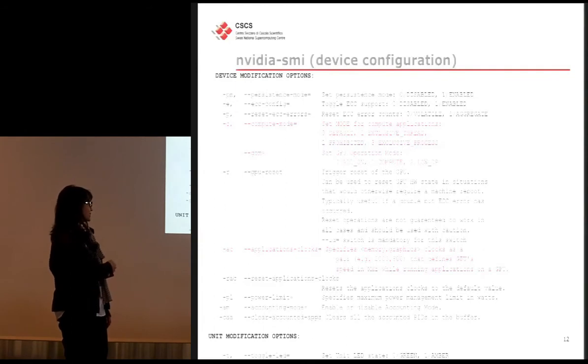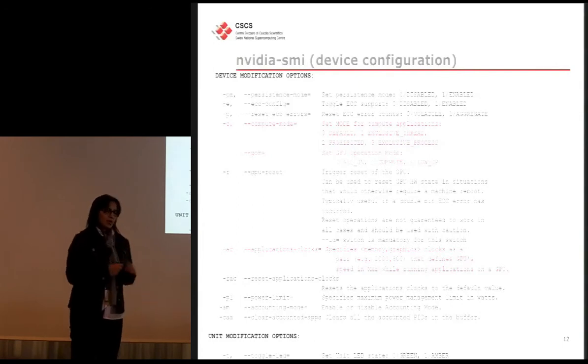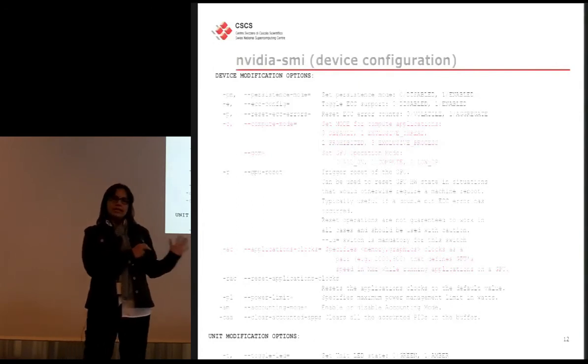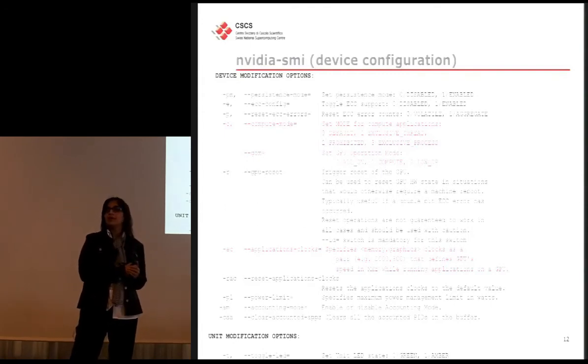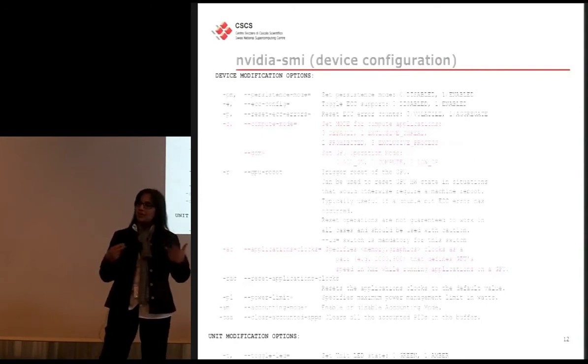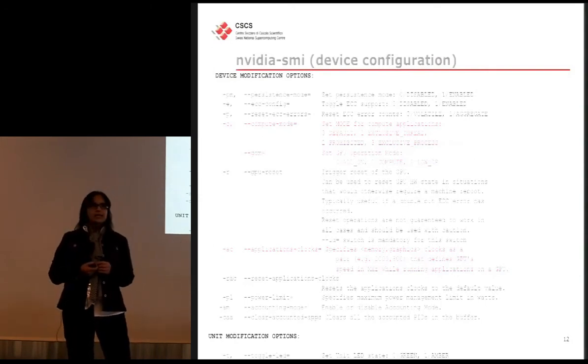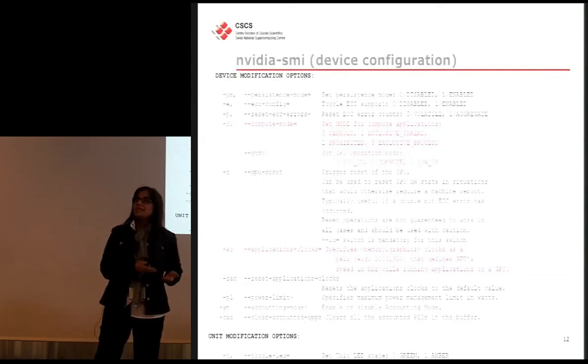And then they have recently introduced this thing called application clocks, and then you can reset application clocks. One thing that may or may not be very clear from the documentation is that some of these configuration options can just work by issuing a command. For some other configuration options, you may have to reset the device.